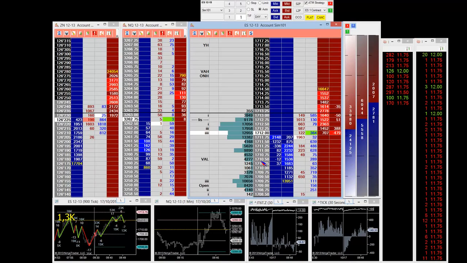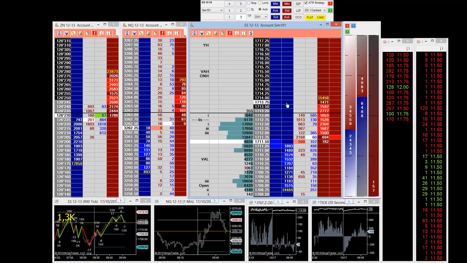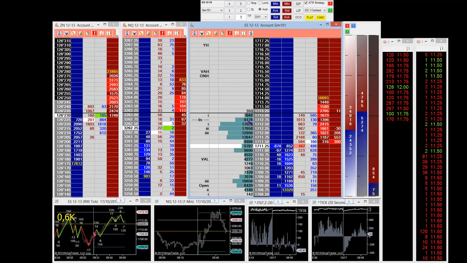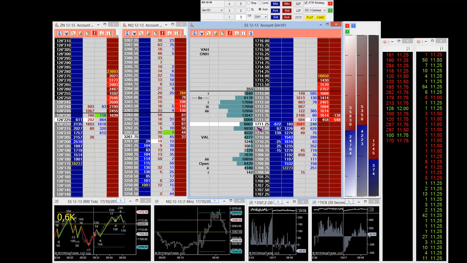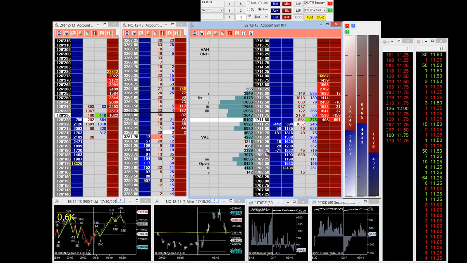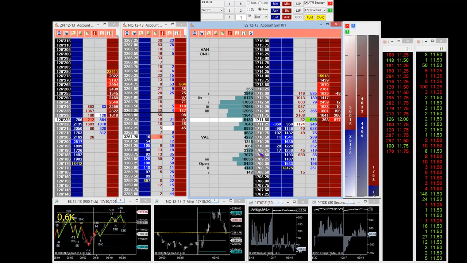Now, the other thing about these thick areas on the volume profile: if we move down now to 1709.25, it's a little bit thicker down there, so we can reasonably expect the move from 1711.50 down to 1709.75 to be fairly rapid, and then for it to slow down as it enters the thicker area below.